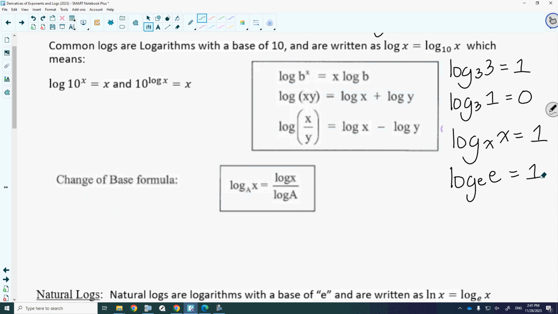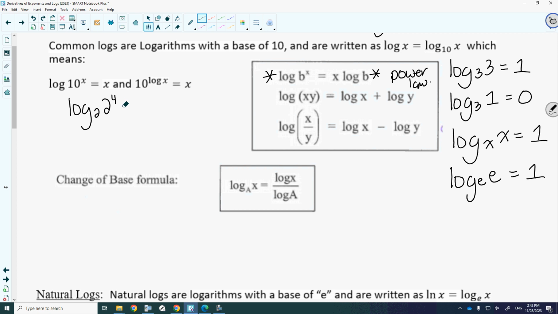Okay, let's review the power law. So this law right here is the power law. Write down log base 2 of 2 to the power of 4. There are two ways that you could do this. You could evaluate what 2 to the power of 4 is.